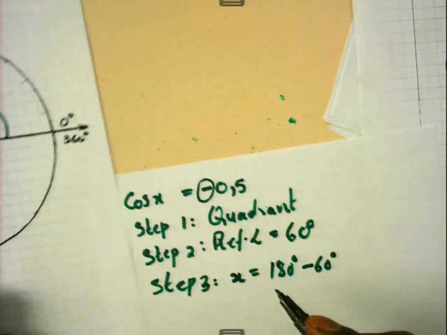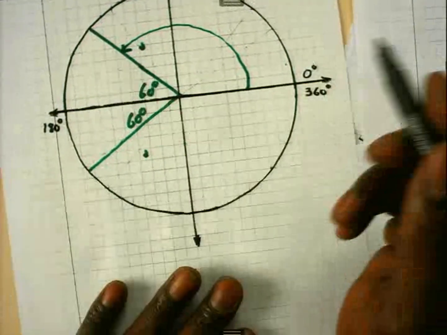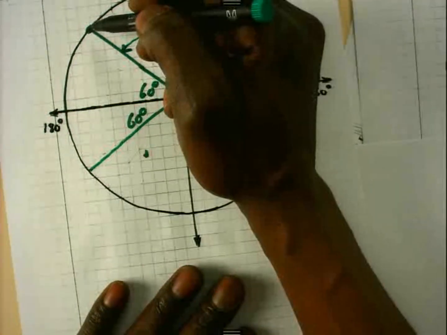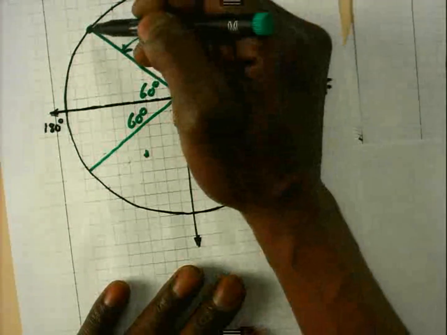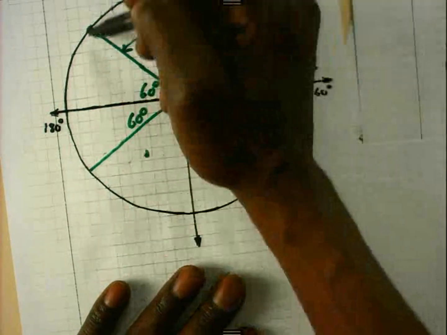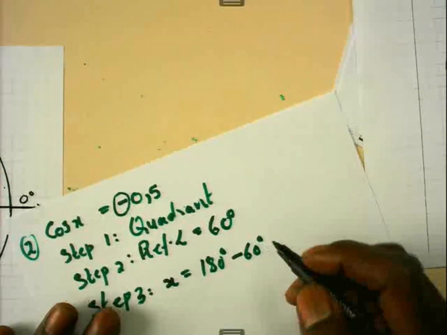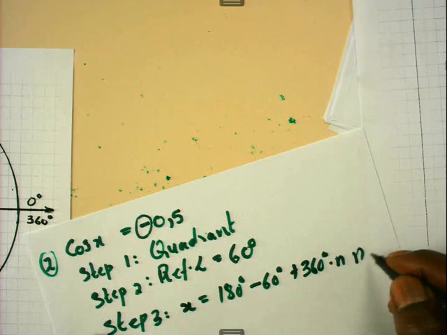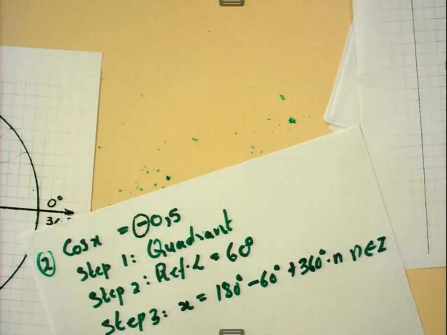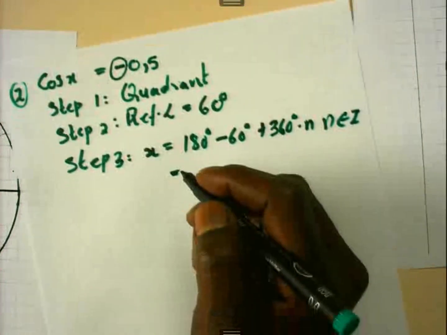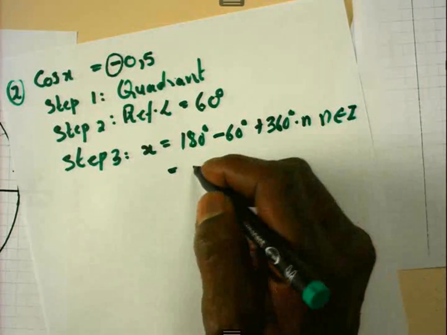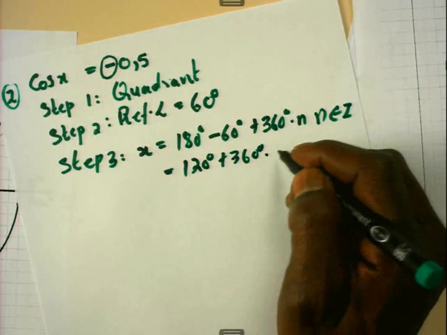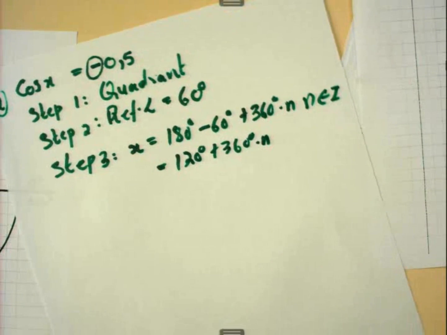Now, you remember before we can go anywhere, I can rotate 360 degrees, I can rotate another 360 degrees, any number of 360 degrees that I can rotate. Therefore, I'll say plus 360 degrees times n being an element of integers. And if we simplify this, 180 degrees minus 60 degrees will give us 120 degrees plus 360 degrees times n being an element of integers.